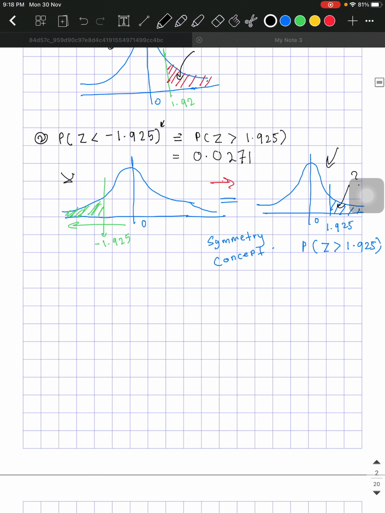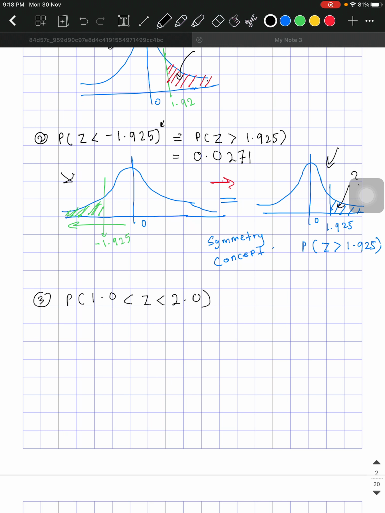Let's proceed with the third example. The third example is P(1.0 less than z less than 2.0).